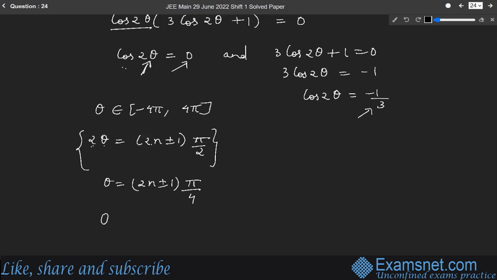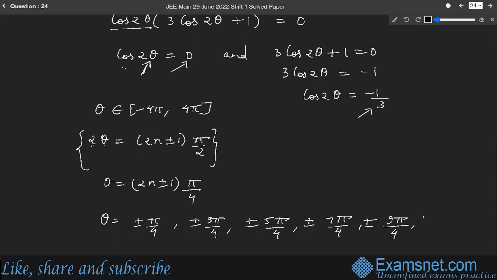Okay, so when n will be equal to 1, 2, 3 and 4, then we get values plus minus pi by 4. Okay. Then plus minus 3 pi by 4. Then plus minus 5 pi by 4. Then plus minus 7 pi by 4. Then plus minus 9 pi by 4.